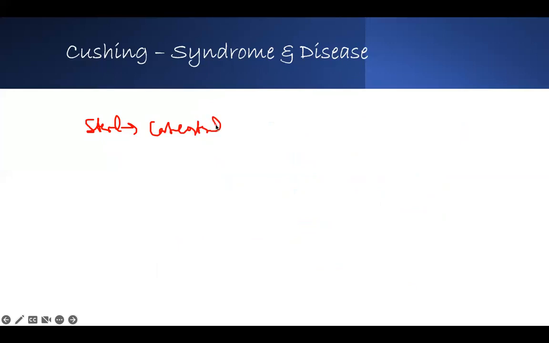Based on the function, you can deduce signs and symptoms. This is why I keep on saying your test is basically pathophysiology. You can deduce signs and symptoms. Steroids usually cause you to be in a stressful situation.